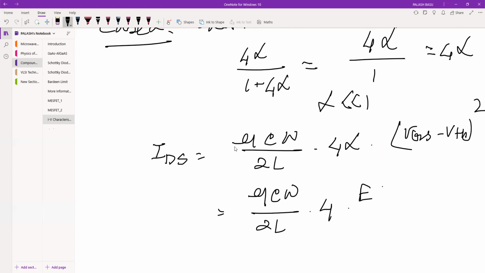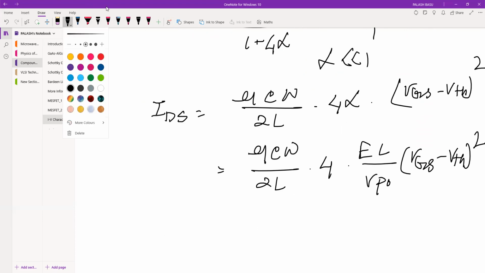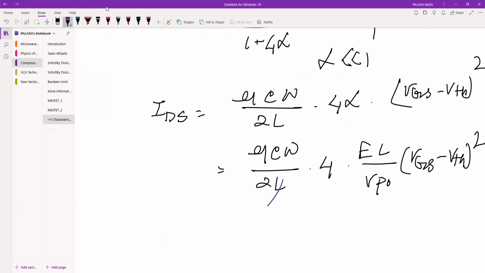Alpha means E into L by Vp0, into VGS minus V threshold whole square. You see that this L and this L get cancelled, and you will end up with a 2. So what is your final expression? Final expression is mu C W into 2 into E Vp0.